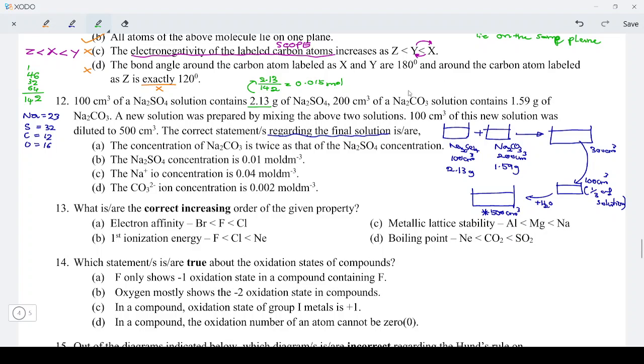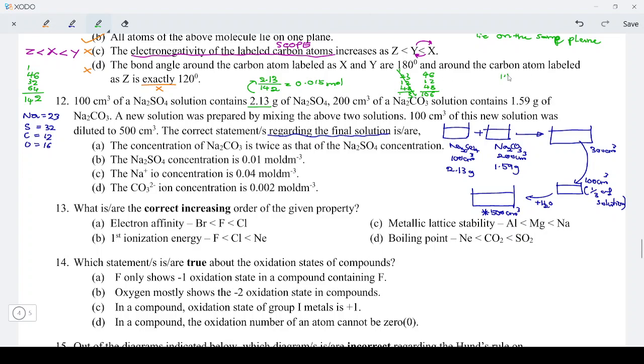In the same way, to find the sodium carbonate moles, we have to get the molar mass: 23 times 2 is 46, plus 12 and 48, so 106.